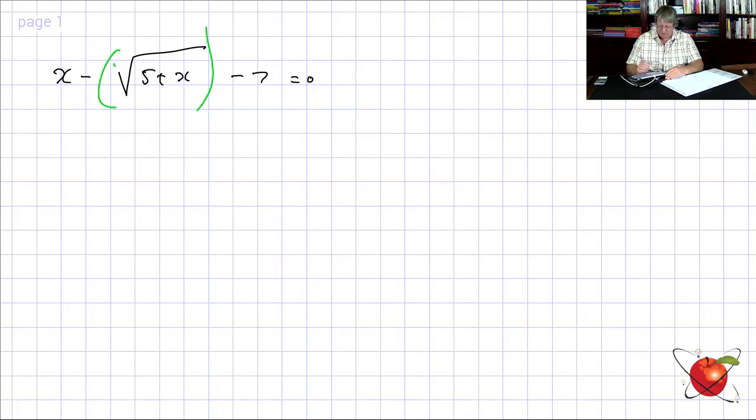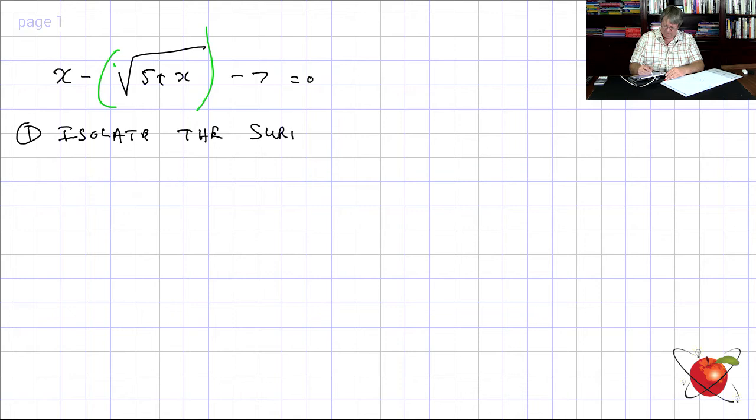The first step, step 1, is isolate the surd. In other words, get the bit that's got the surd on its own. So let's take everything to the other side. Then we get minus square root of 5 plus x equal to 7 minus x.